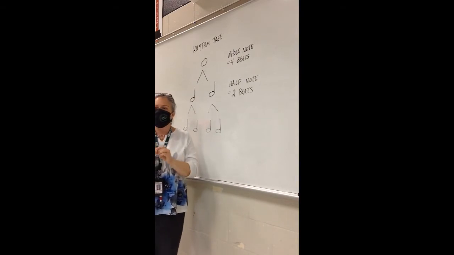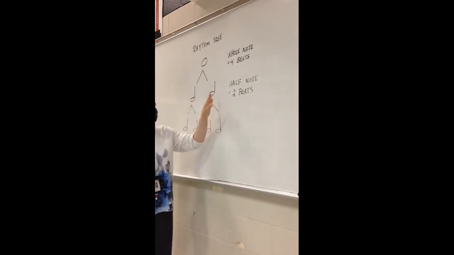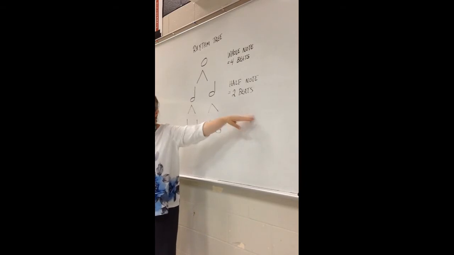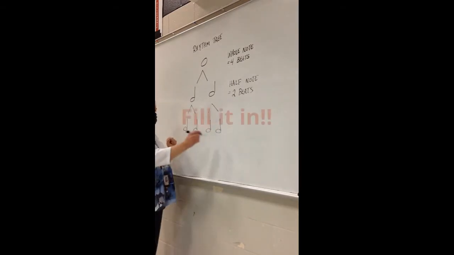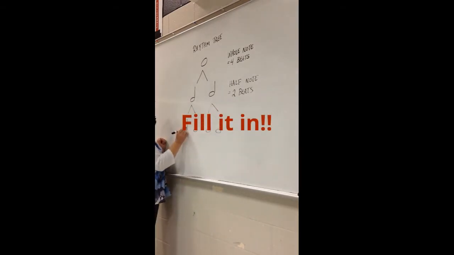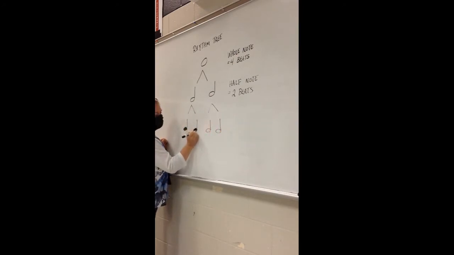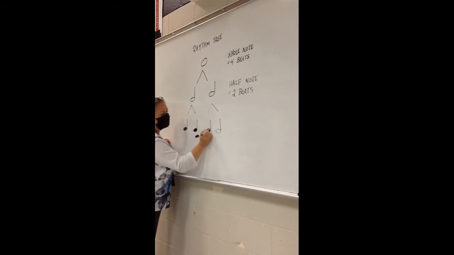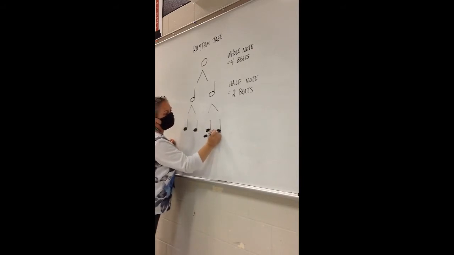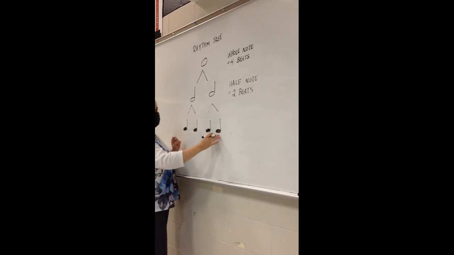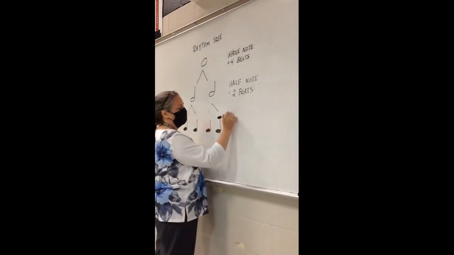So if we were going to have a note that was even less than 2 beats, the next logical conclusion would be to fill it in, and each one of these filled in notes is called a quarter note.